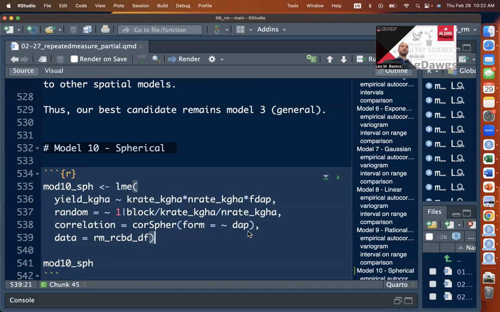They don't have to be called X and Y, I'm just using that notation here. What you would do is on your form, you would say X plus Y. And that's how you would specify a spatial data set repeated measure with the spatial correlation structures. That's the only difference. So it's very simple.